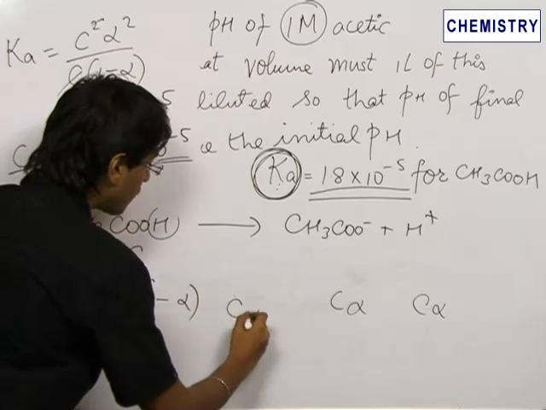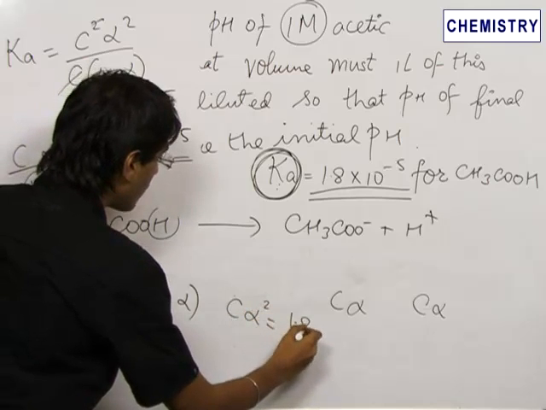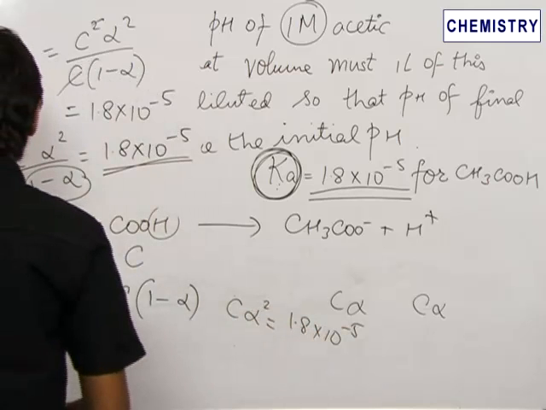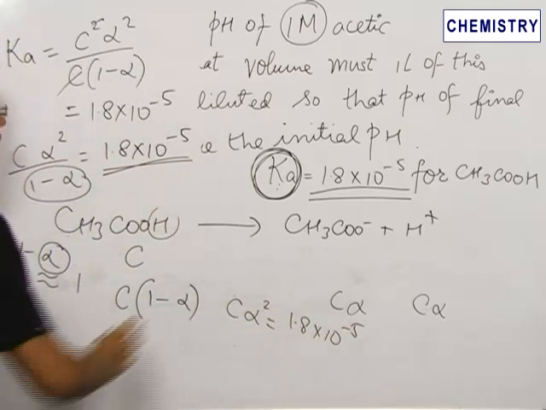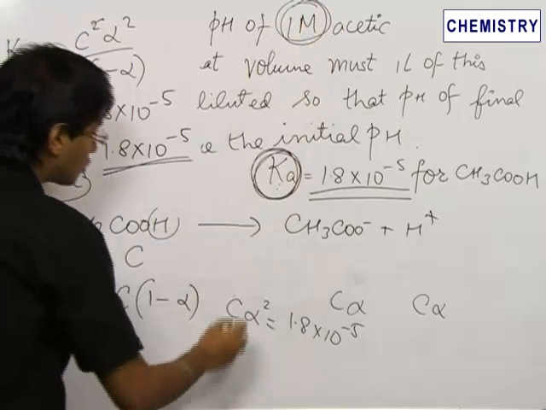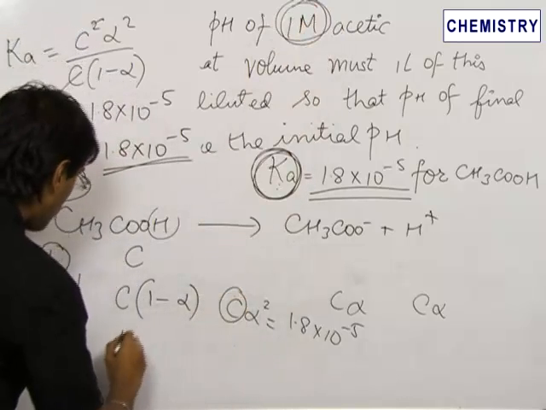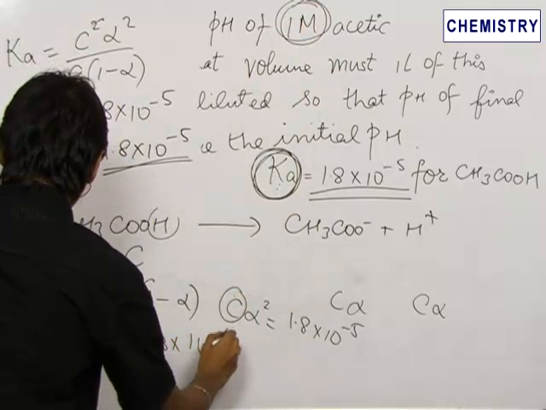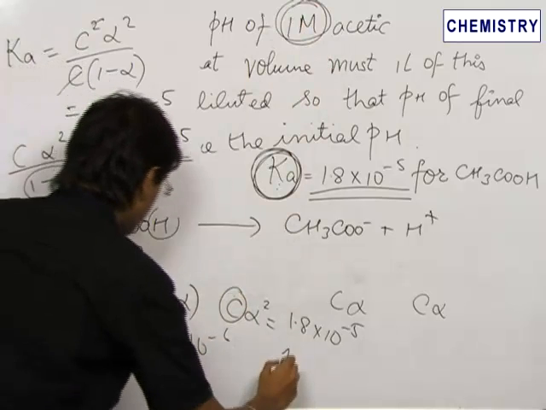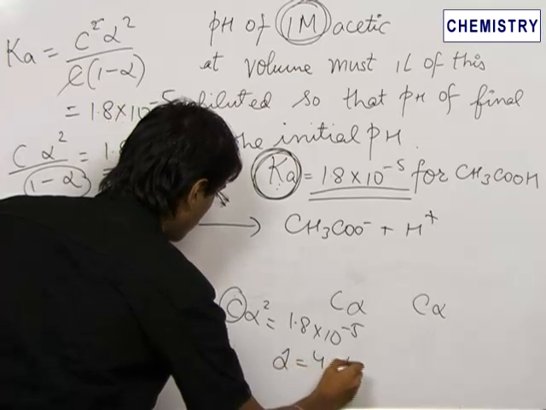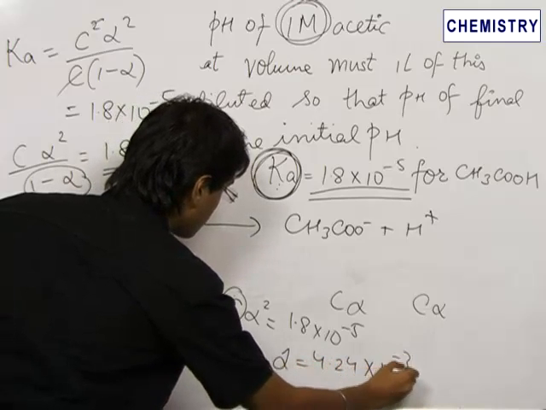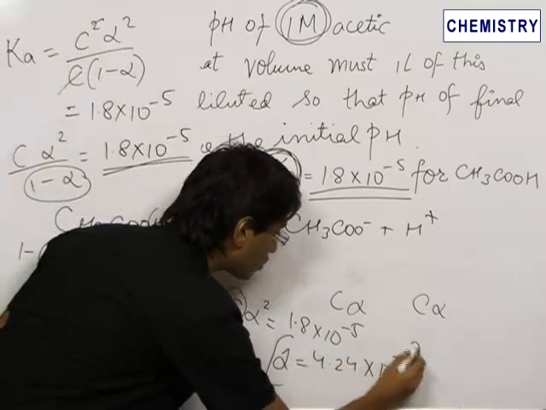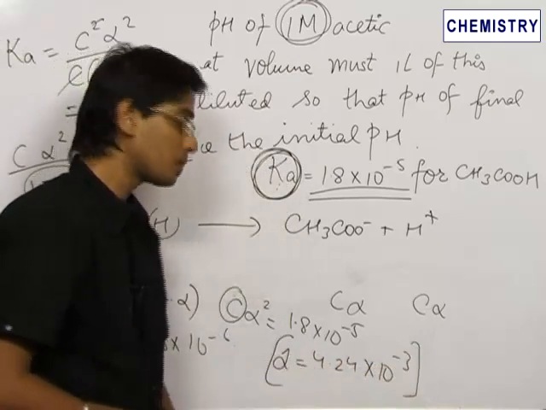Hence we get C alpha² equal to 1.8 × 10^-5. Since it is 1 molar acetic acid, C is equal to 1. So alpha² is equal to 18 × 10^-6, which gives alpha equal to 4.24 × 10^-3. You can clearly see that the degree of dissociation of acetic acid comes out to be a very small value.